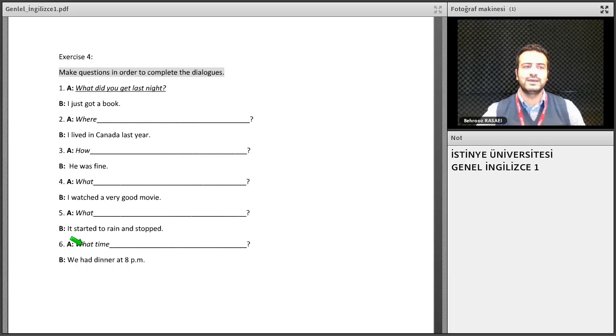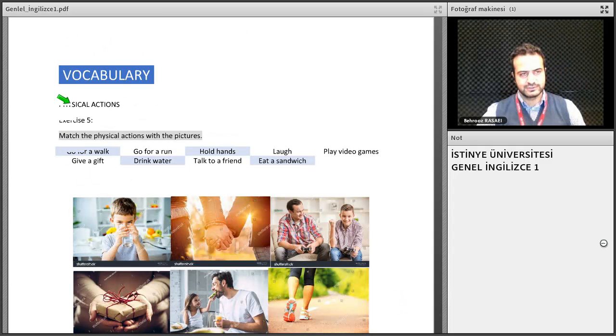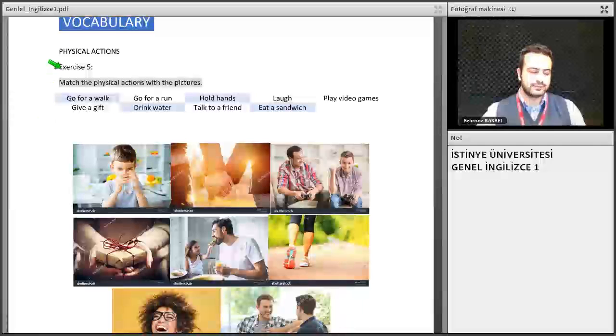So you need to make WH questions with where, how, what, and what time. The first one, the answer is, I just got a book. So, what did you get last night? I just got a book. So you need to complete the dialogues here.